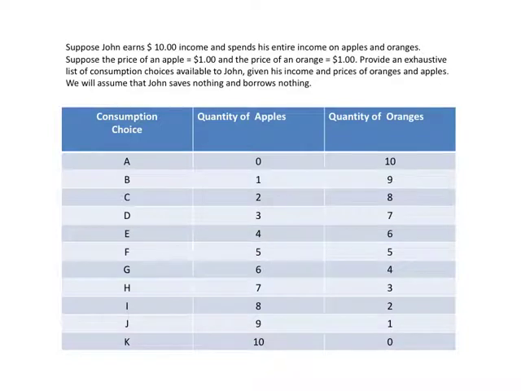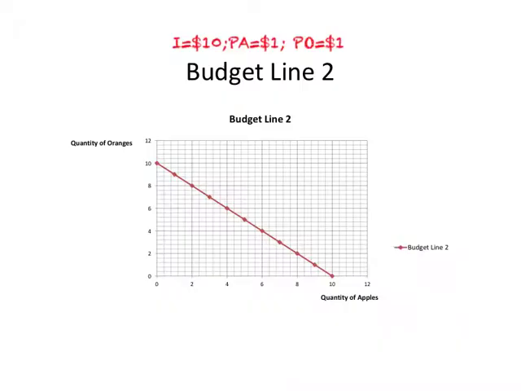Once again, if this person decides to buy no apples, based on income and prices, we know the maximum amount of oranges this person will buy will be 10 oranges. If this person decides to buy one apple, he's left with $9, and so he can buy a maximum of 9 oranges. And in this way, we create an exhaustive list of consumption choices available to John given income and prices of all goods that he consumes.